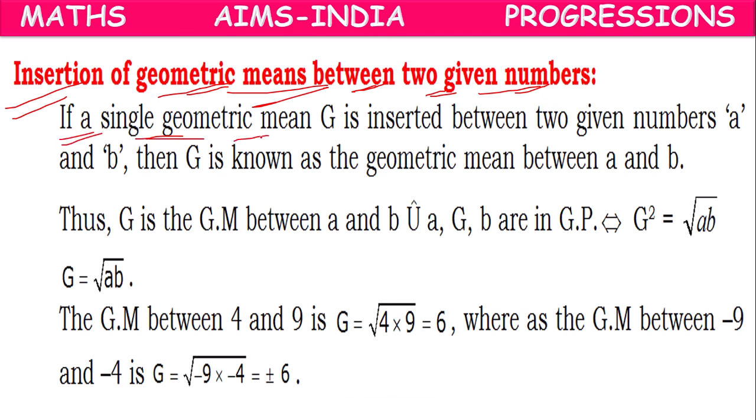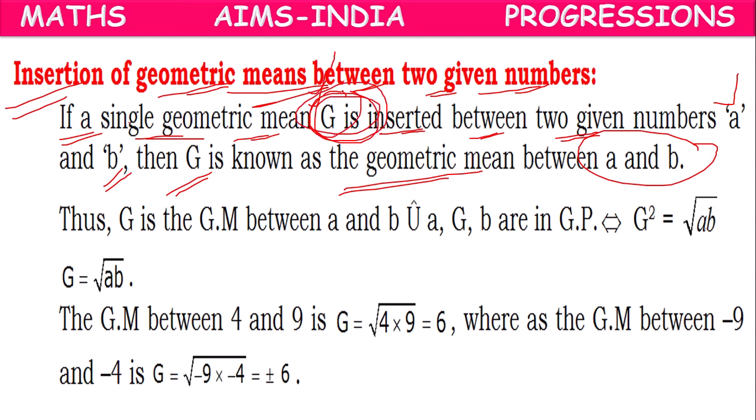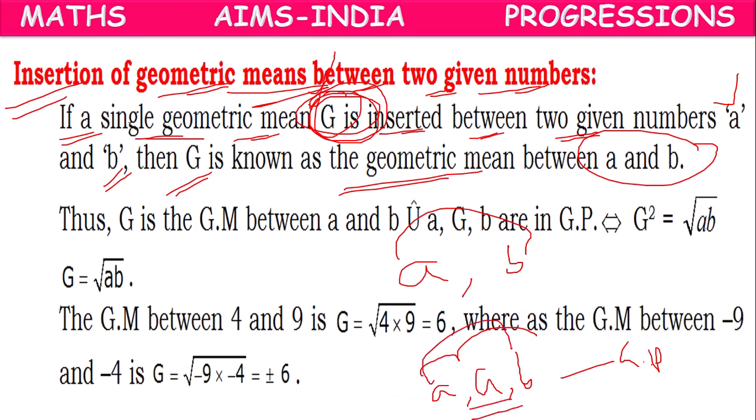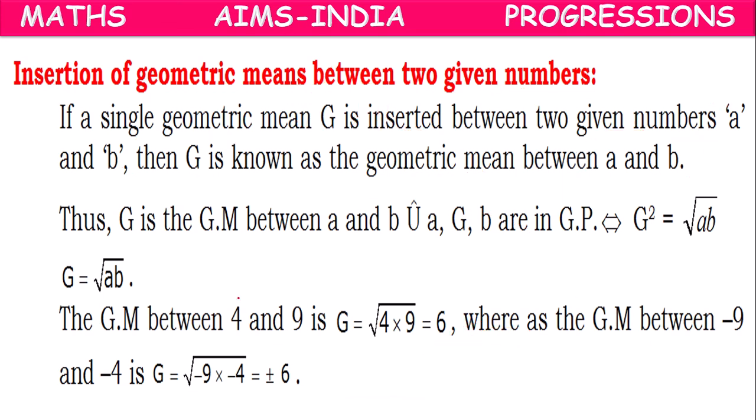If a single geometric mean G is inserted between two given numbers A and B, then G is known as the geometric mean of A and B. That is, if we have two numbers A and B, and we insert G in the middle of A and B such that A, G, B will be in GP, then G is called the geometric mean of A and B.